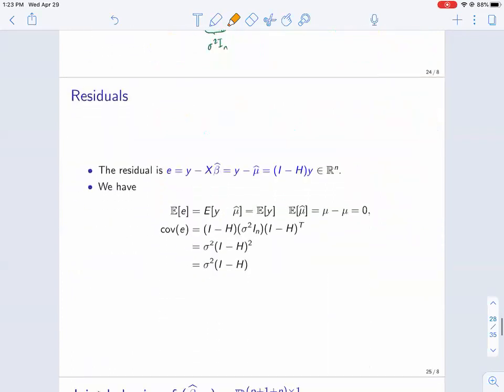So let's move on. We're going to go to residuals. We can do the same for residuals. So residuals can be written in multiple ways. Either you can write it as E equal Y minus X beta hat, or I can replace X beta hat with mu hat.